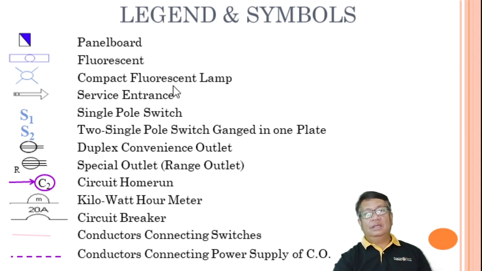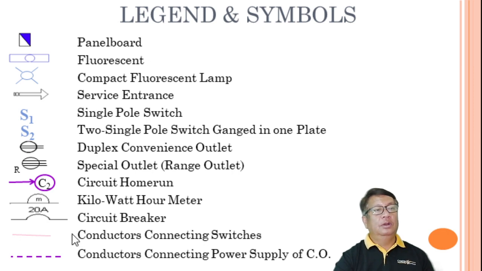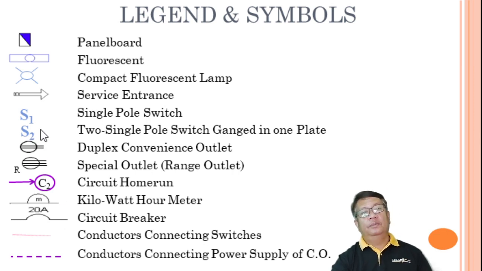Or the light emitting diode lamps. Then the service entrance. Number one here is the single pole switch. Number two is your two single pole switches ganged in one plate. Okay, so this is the symbol of two single pole switches ganged in one plate.